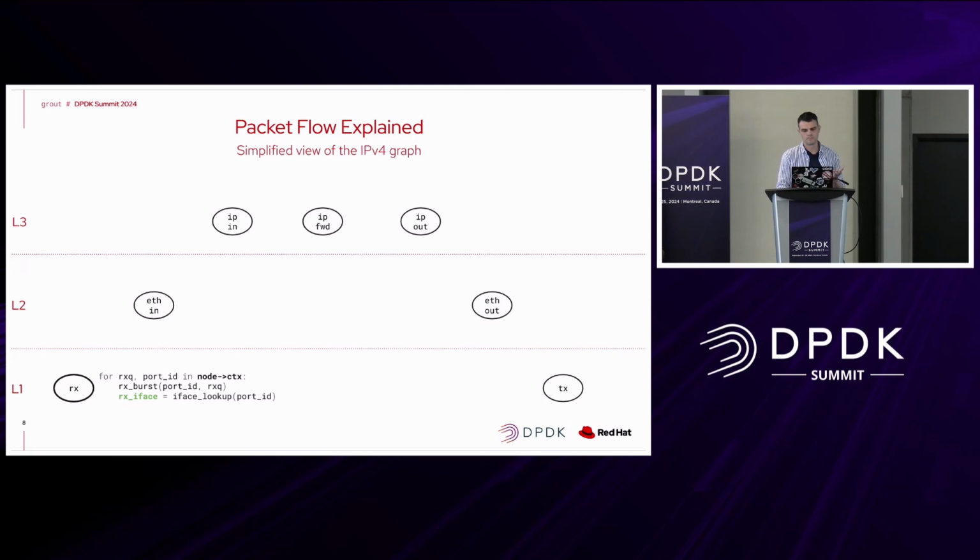So there's the receive on layer 1, so on the NIC side, and based on the port ID, we have a list of ports and RX queues and then we pull packets from that, and we see that these packets come from port number 1, and we know that port number 1 is mapped to a logical interface which is named ETH0 or whatever. And we store that somewhere.